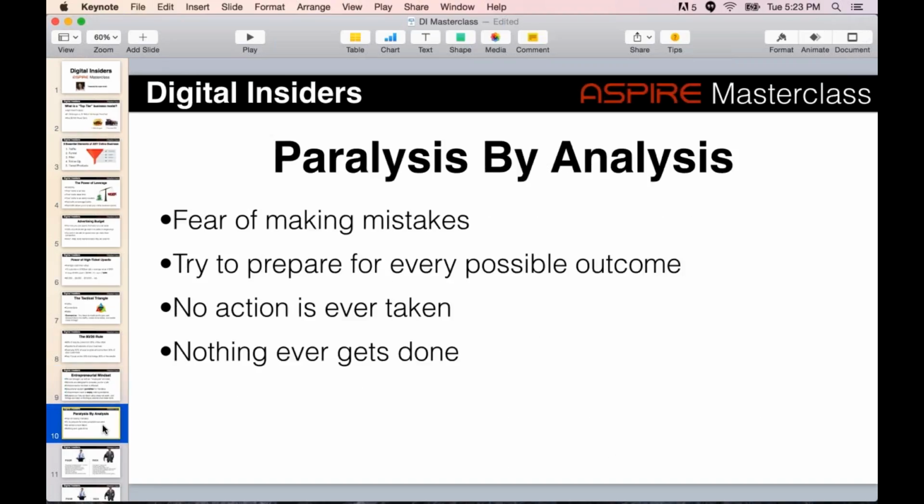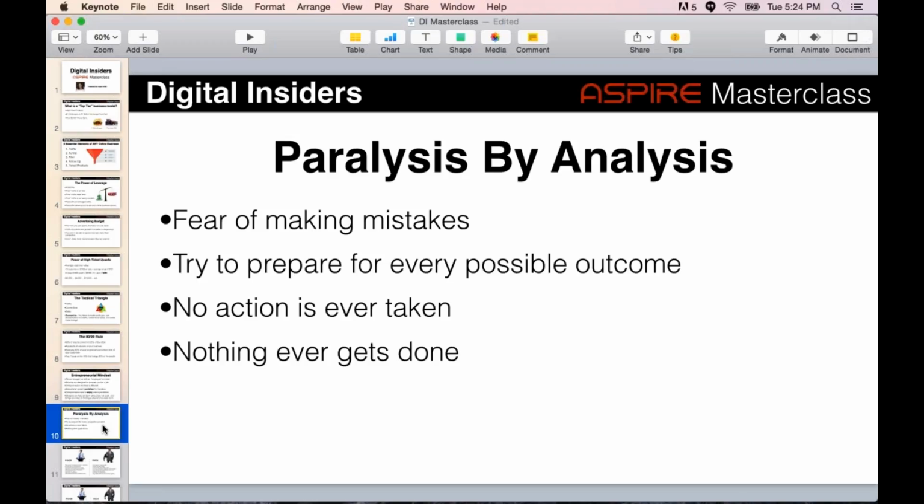Now, one of the big problems that this mindset can create is something called paralysis by analysis, where we're so conditioned to be afraid of making mistakes that we don't even get started, that we try to prepare for every possible outcome, we never take any action, and nothing ever gets done. So be sure that you're not falling into this trap.